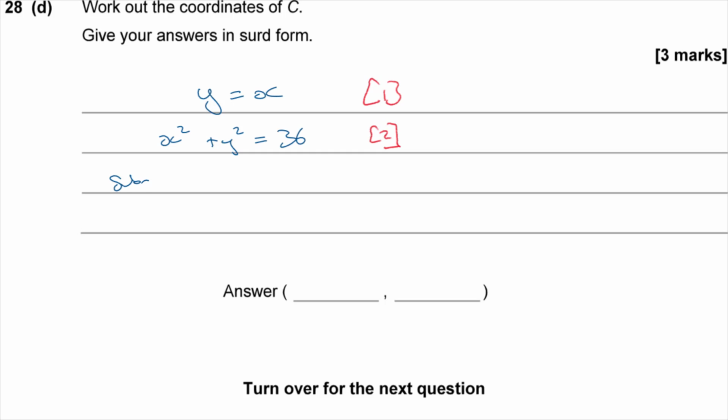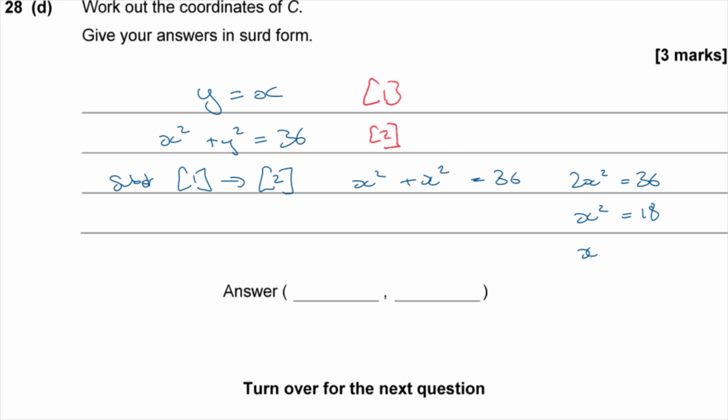So substitute equation 1 into equation 2. It's going to give me that x squared plus x squared is 36. In other words, 2x squared is 36, so x squared equals half of that, which is 18.